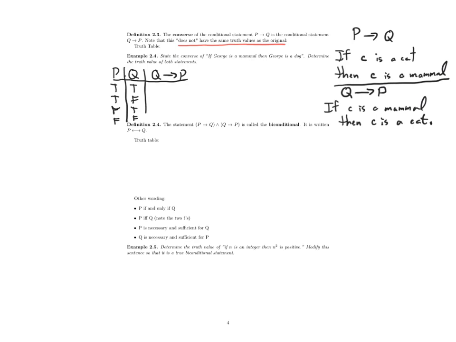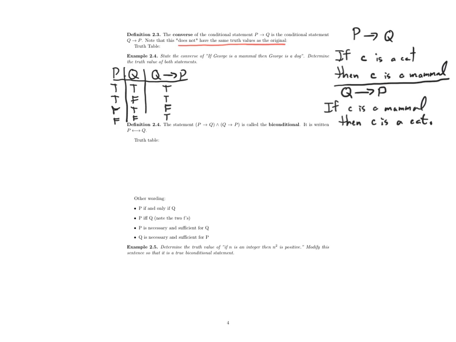So it looks a little bit different. It's only false then and true otherwise. So you can see that these statements are not logically equivalent. We'll get into this in a little more detail very soon. But it's a very important concept, knowing what a converse is. In fact, we are going to use this right now.